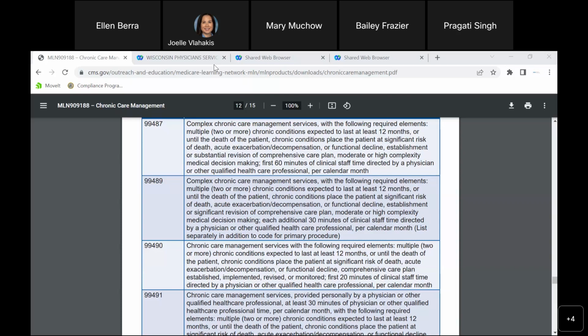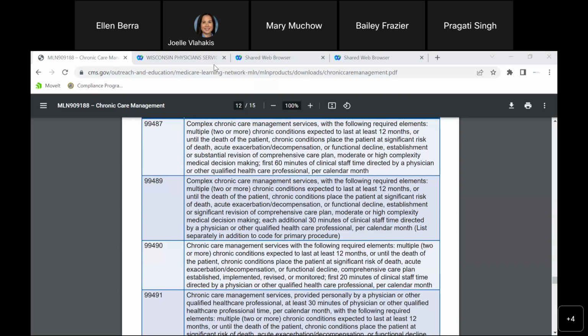What we're talking about here is in the documentation, of course. Sure. And no, the clinical staff can write the care plan. That's part of the reduction of the burden on the physician or non-physician practitioner. That's part of the service.